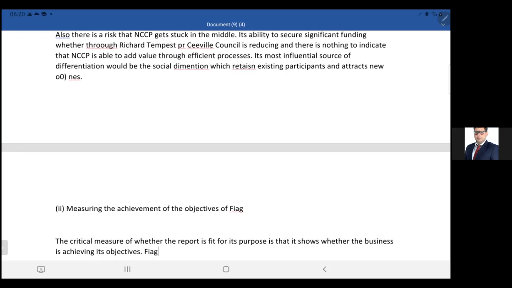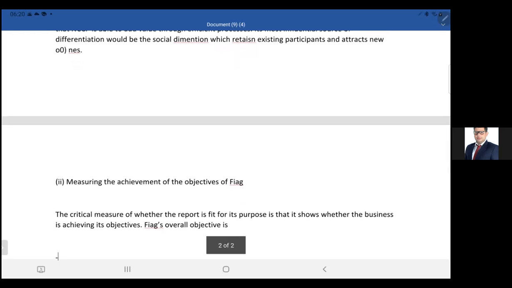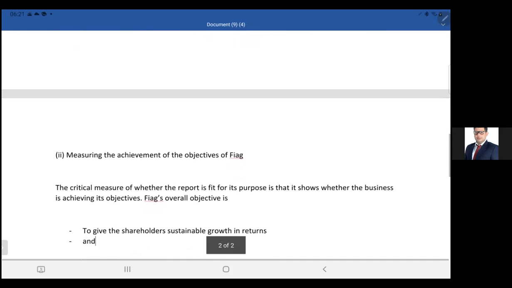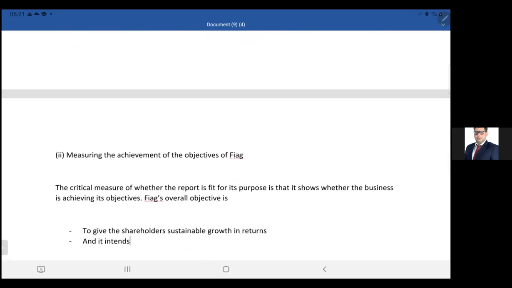PIAG's overall objective is to give the shareholders sustainable growth in returns. And how does it intend to do this?